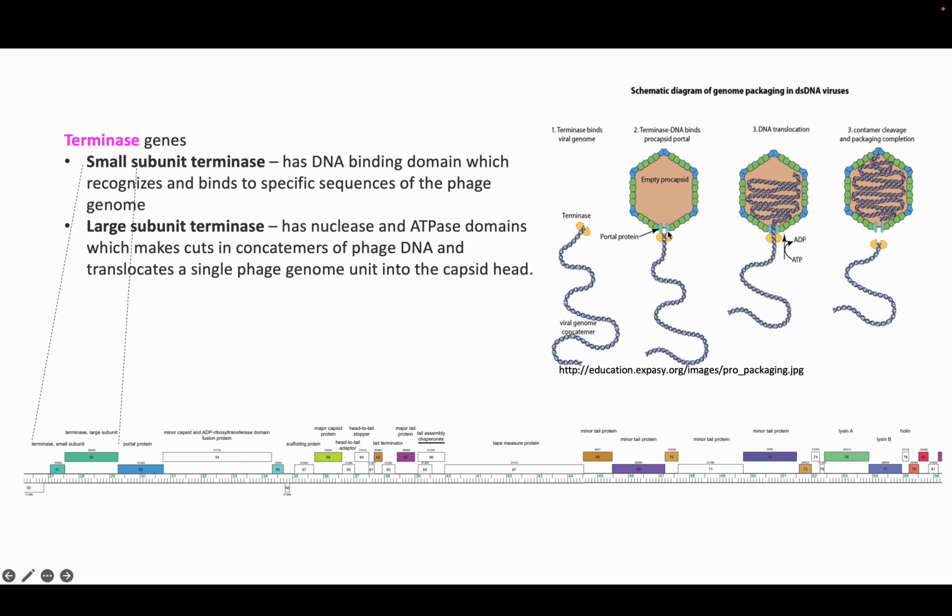It will interact with the portal proteins and begin to translocate the DNA into the capsid, and it uses ATP in order to do that. When the entire genome is inside the capsid, usually it recognizes another sequence and makes a cleavage there, such that one phage genome unit is inside the capsid.